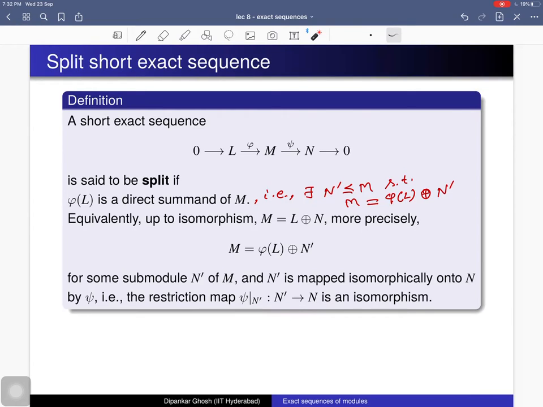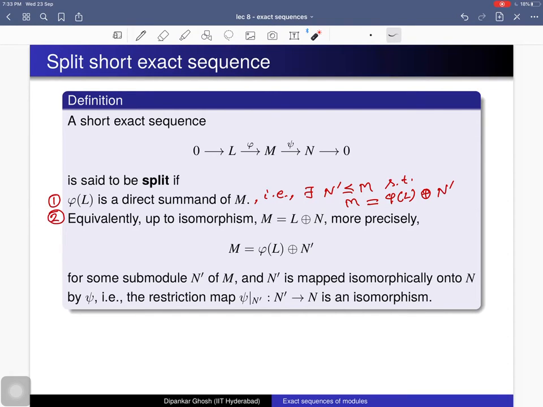So, let us prove that these two statements, the first and this second statement, are equivalent. We can say that 2 implies 1 is obvious. If you have this, then you can clearly see that phi of L is just a direct summand of M. Now, what about the reverse direction?